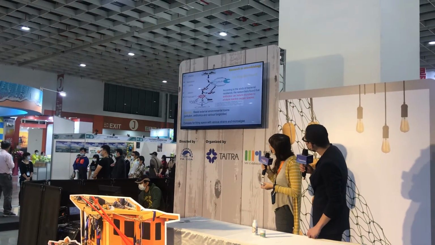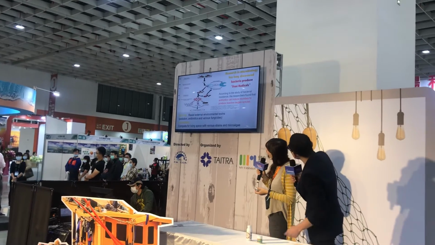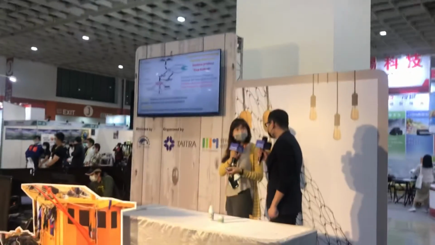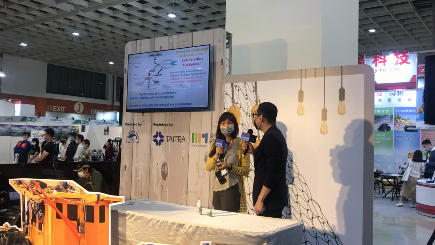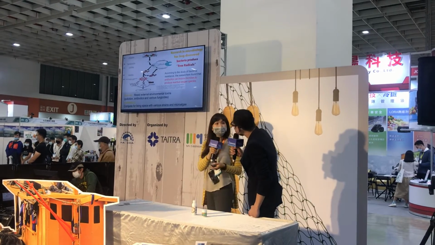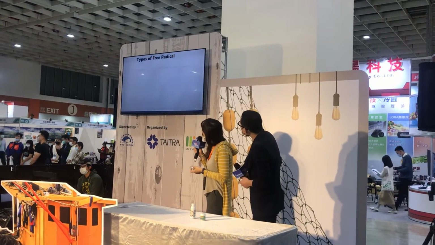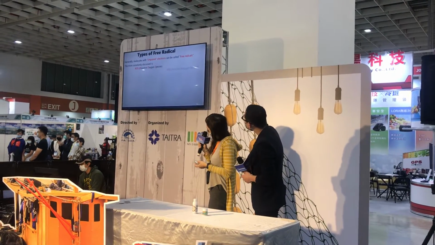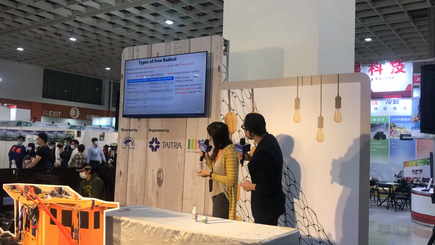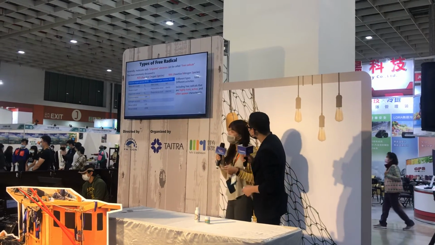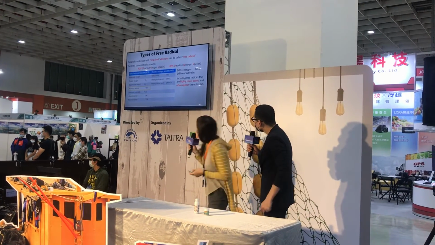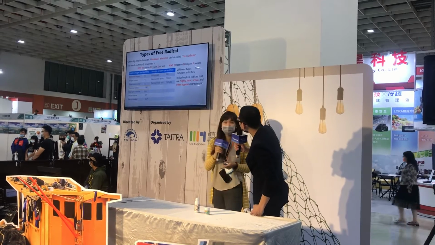These are the scientific studies we found in other countries. We found that E. coli will generate free radicals as well under the water and the sunlight. Let's go quickly. There are basically two types of free radicals, and we focus on one thing called superoxide.